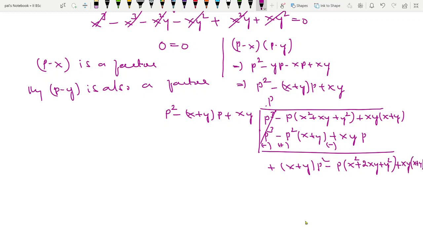In the next step, to get x plus y into p square, we have to multiply p square with x plus y.